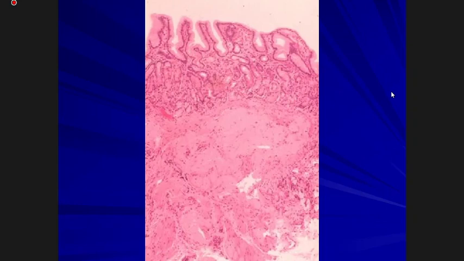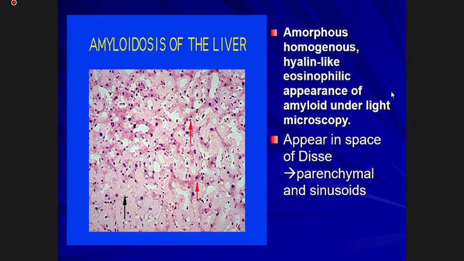These are the accumulation of amyloid in the liver. It tends to accumulate in the space of Disse.